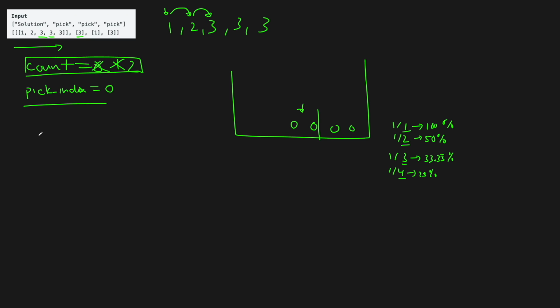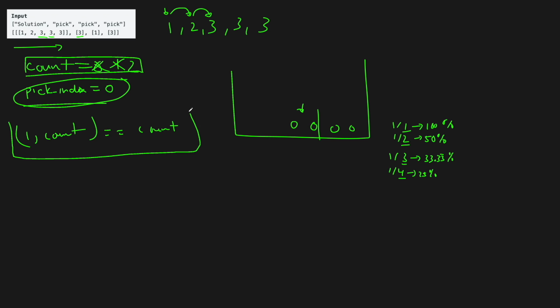Because we can't store the actual indexes, we're going to pick a random number between 1 and our count. And if this number equals our count variable, then we update our pick. This is how we achieve randomness without needing to store the values.